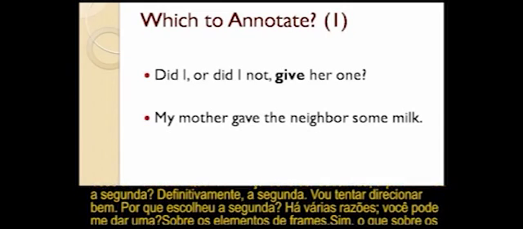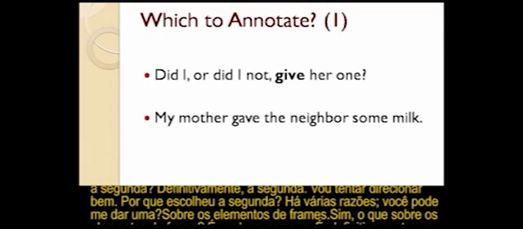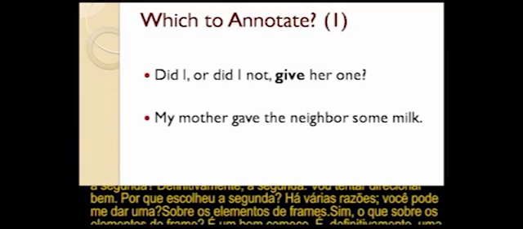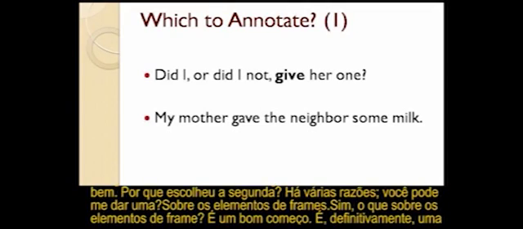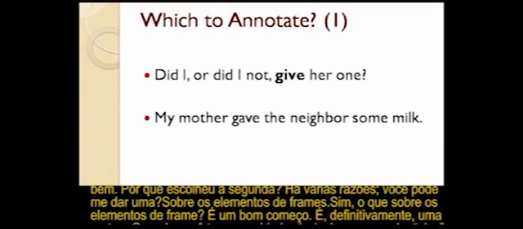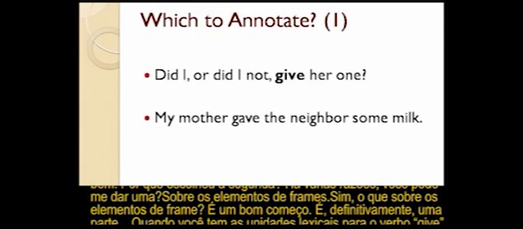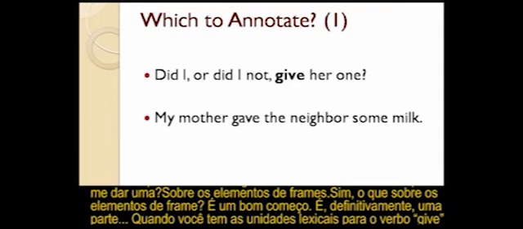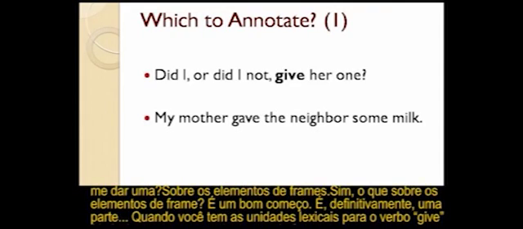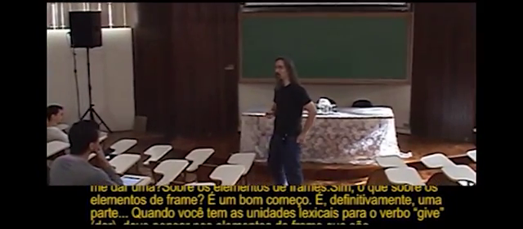Yes, definitely the second one. I tried to make this very straightforward. But why is it that you say the second one? There are several reasons. Can you give me one? About the frame elements. Okay, what about the frame elements? That's a good start. That is definitely part of it.